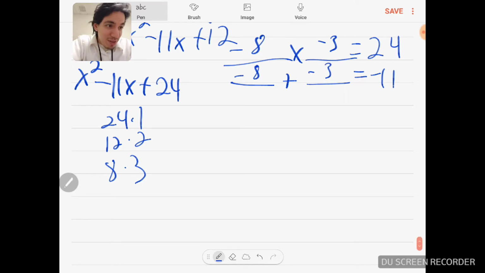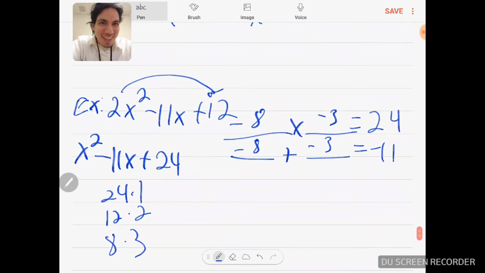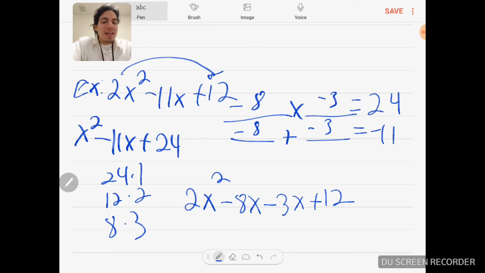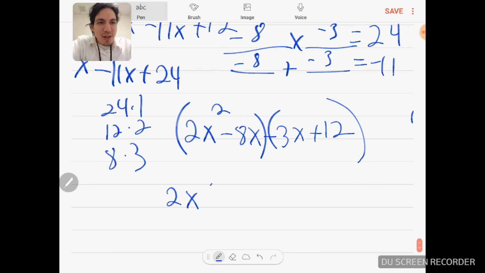So I'm left with, let me double check, what was our original equation? Okay, it's not to the 4th, it's to the 2nd. Okay. 2x squared minus 8x minus 3x plus 12. That's in perfect form, so we're going to factor now by grouping. And I factor out a 2x, I'm left with x minus 4, and I factor out a negative 3.